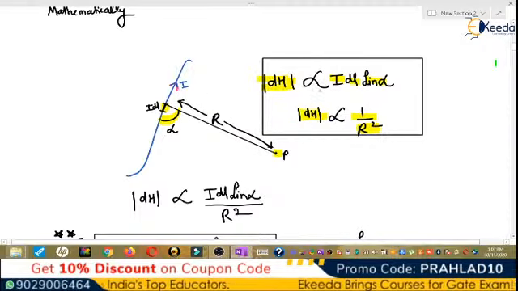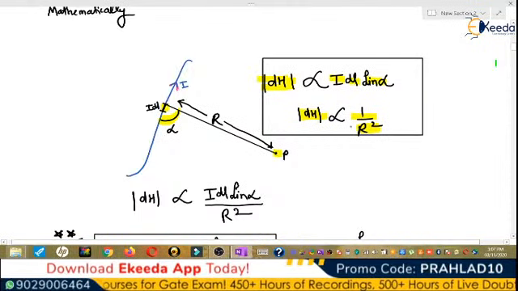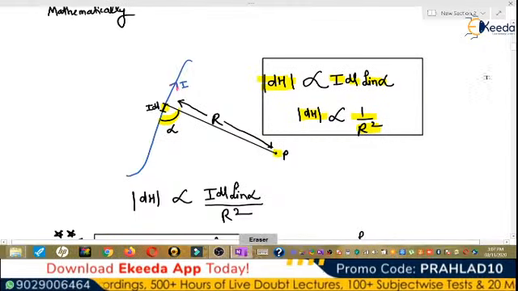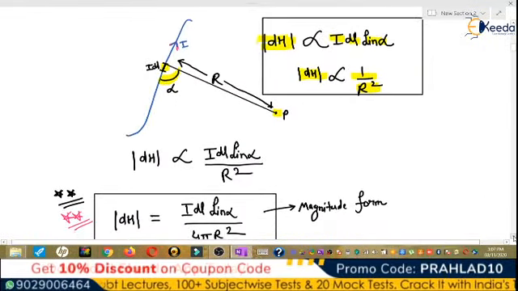So mod of dH is proportional to IDL sine alpha, and mod of dH is inversely proportional to 1 over r square. So mod of dH is proportional to IDL sine alpha over r square.